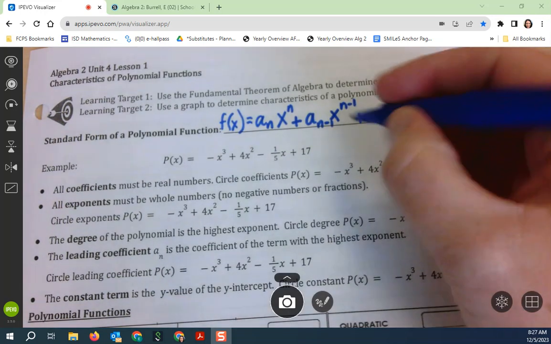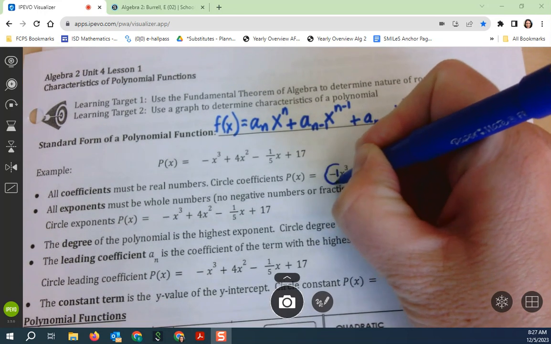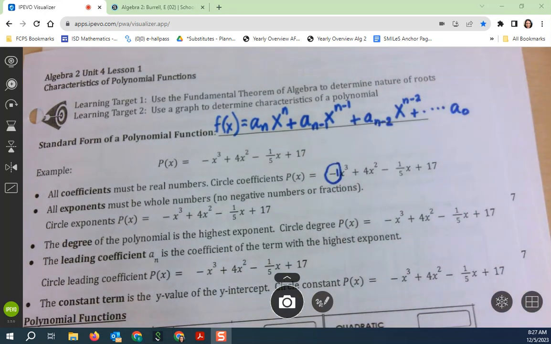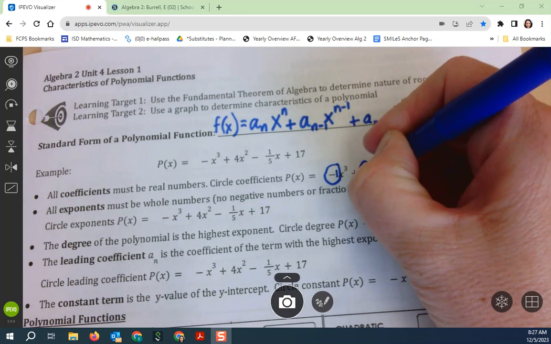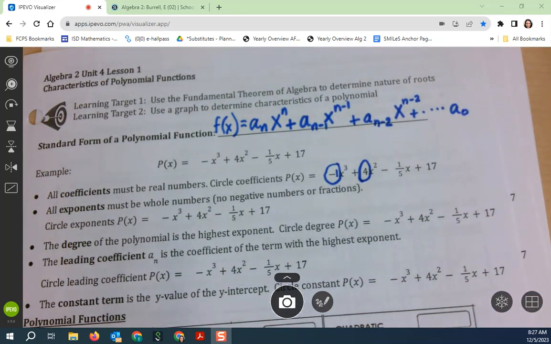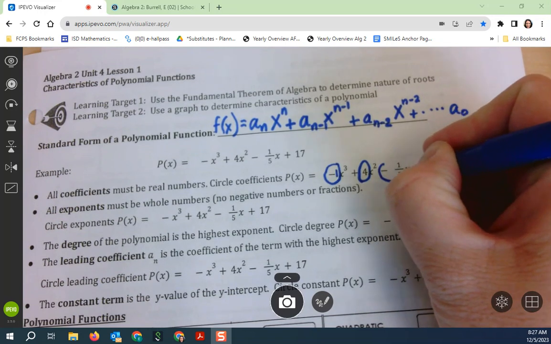Right, so altogether it would be negative 1, right? So that's a coefficient. What's the next coefficient? Just 4, yeah. So coefficients, when you take the x's off, are just the numbers that are multiplied by them. And then the next one? Say it again? Negative 1/5. You guys hear how he included the negative? You need that.